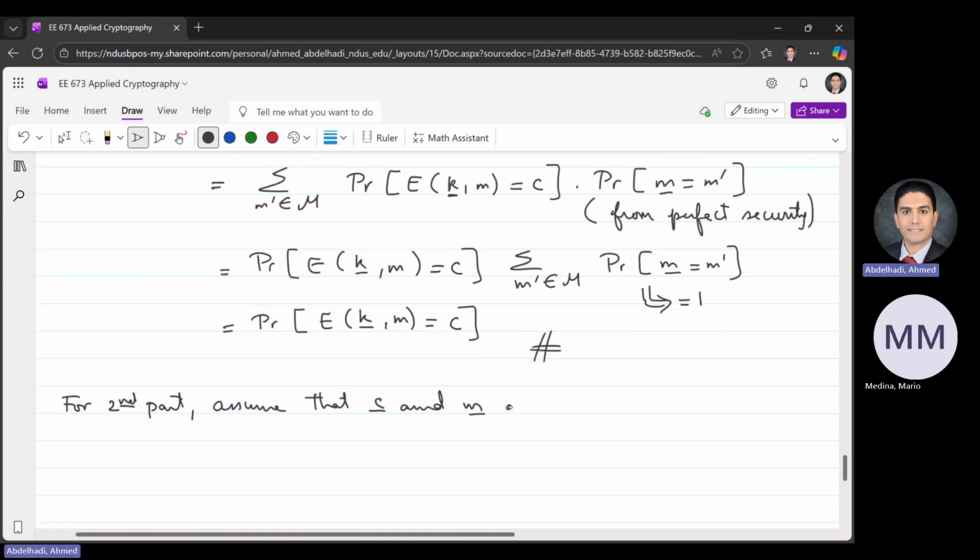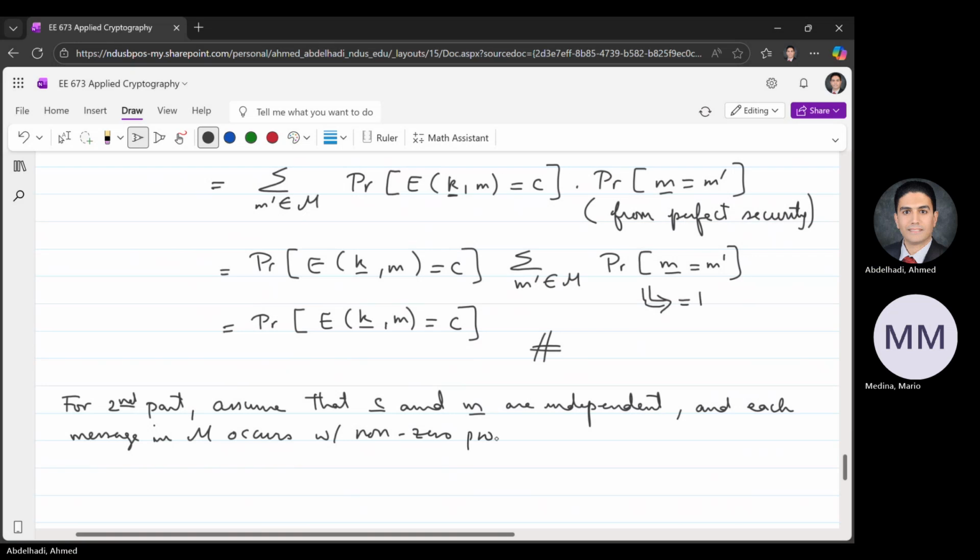So C and M are independent, and each message in M occurs with non-zero probability.